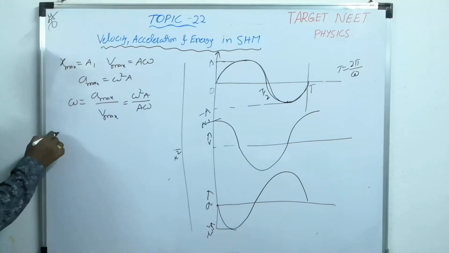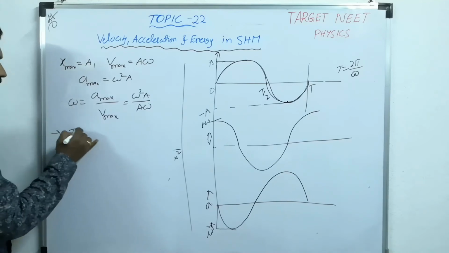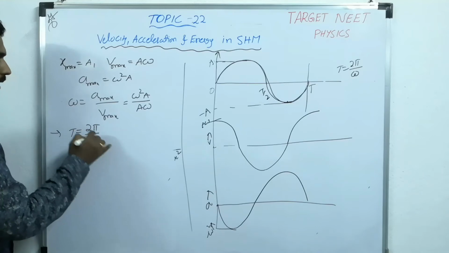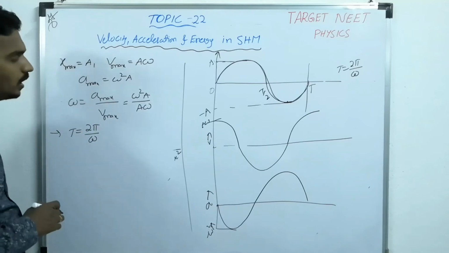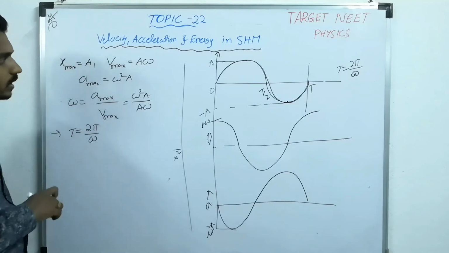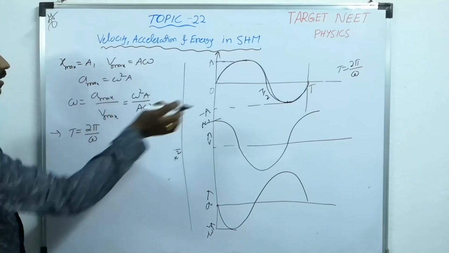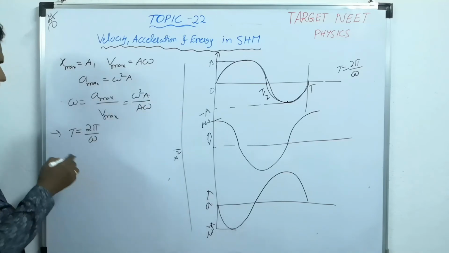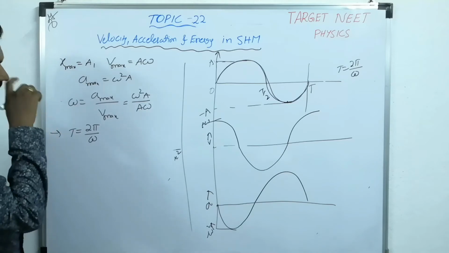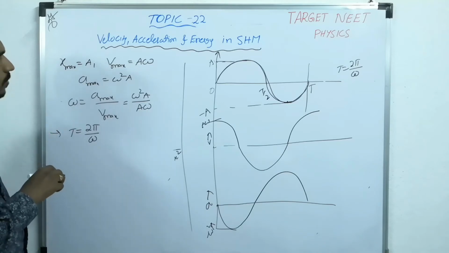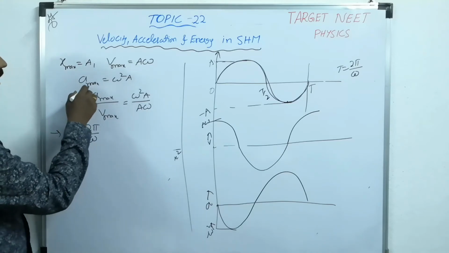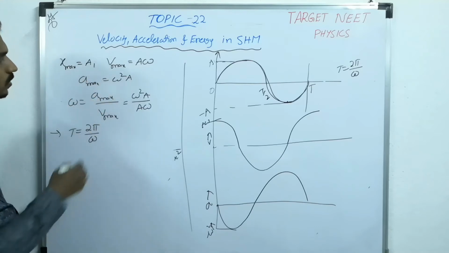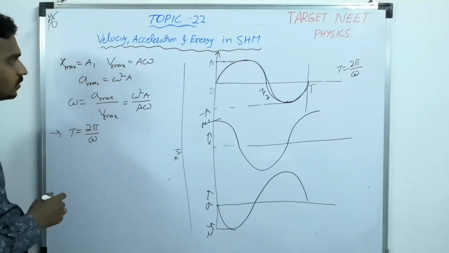Now if you got omega, then you can get the time period, that is 2 pi by omega. And from this, how can you get the amplitude? From a max and v max, how can you get the A value?